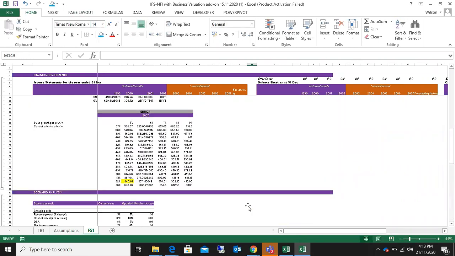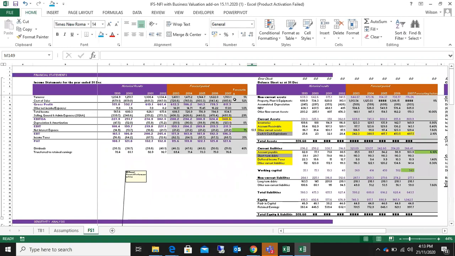Okay, so for instance, if we change this forecasting factor now, let's just do some tests here.